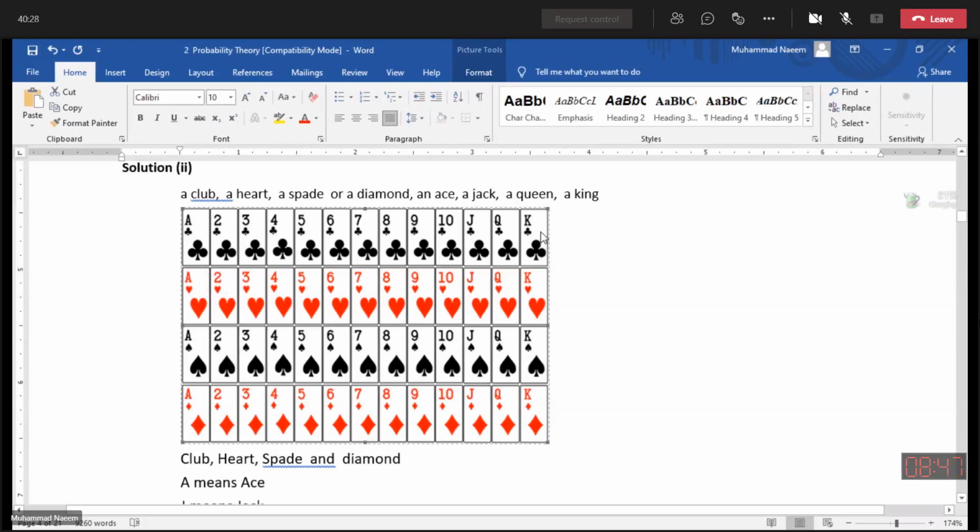First one is the category of club. First row showing the category of club. Second row showing the category of hearts. This one spade, and these are the diamonds.